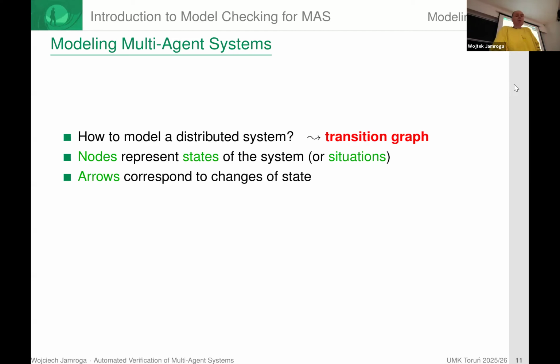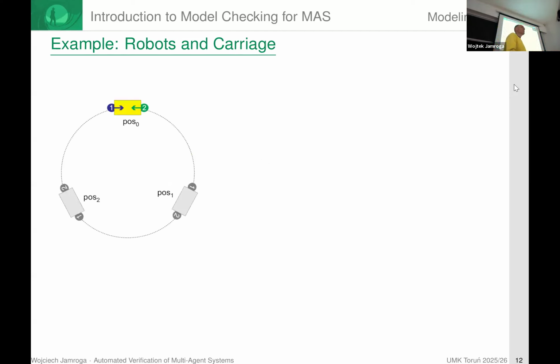And a multi-agent system is just a distributed system where the components, we assume that they can make autonomous decisions and they can act in a purposeful way.